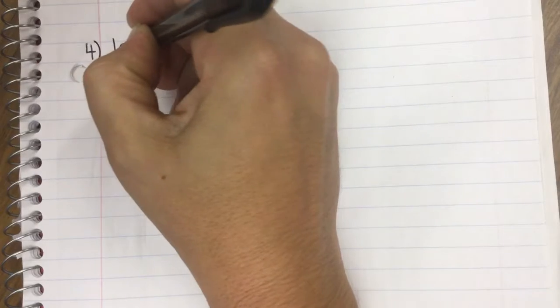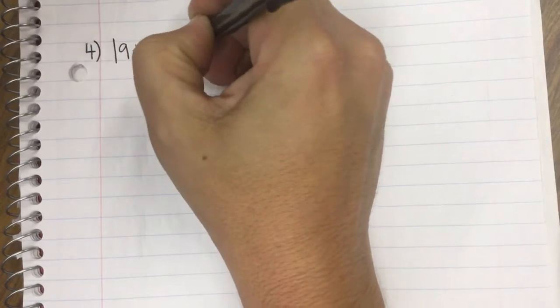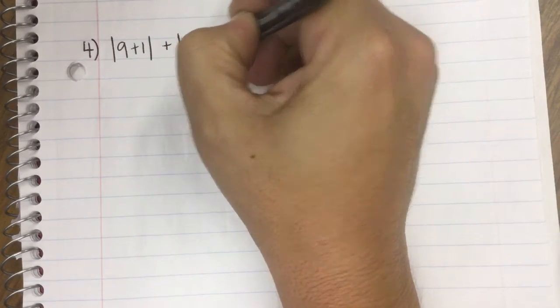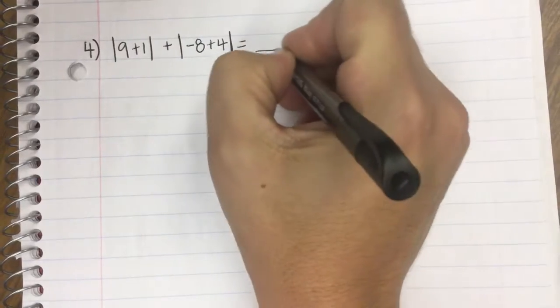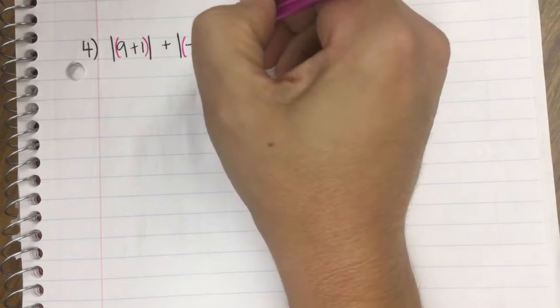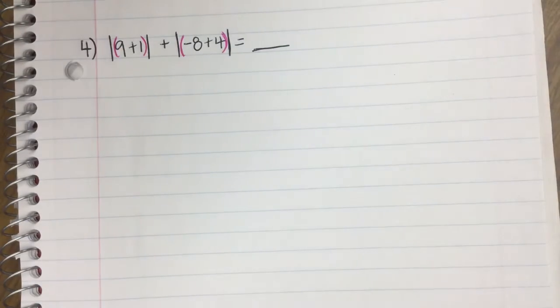The second problem we'll do together is problem number 4. Problem number 4 has 2 sets of absolute value bars. What's helpful for me is that I'm going to continue to put those invisible parentheses right inside those road lines.